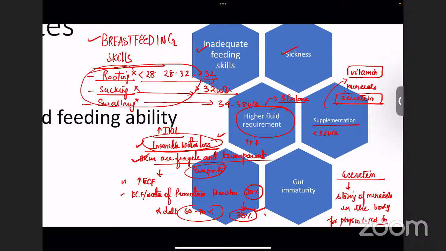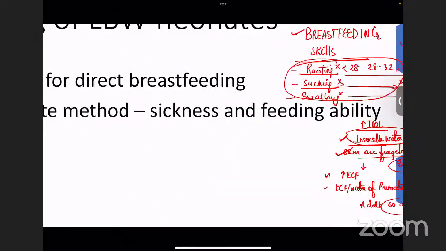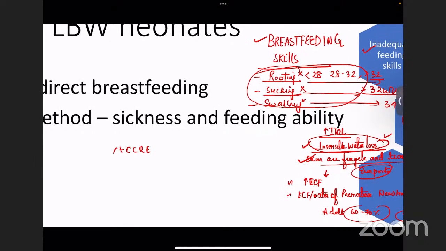Right. So for this to happen, the accretion of minerals most of the time happens as fetal accretion of minerals. It happens in utero, most likely during the third trimester.